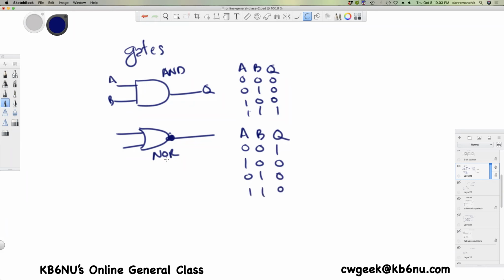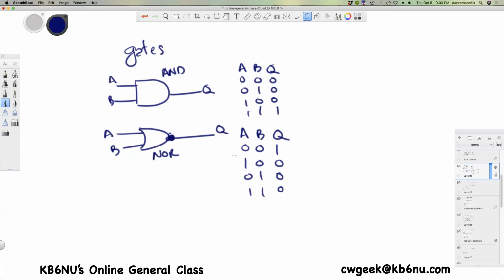So an OR gate would be, the output would be 1 if either A or B were 1, or both. But since we have an inverter, it's sort of the opposite. So the output will only be 1 when both inputs are 0.